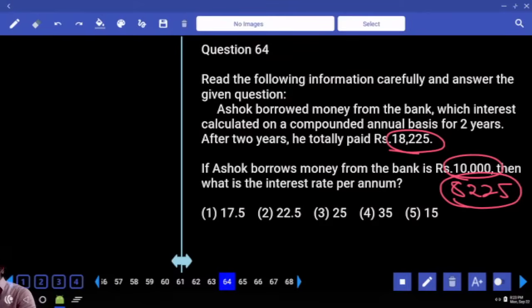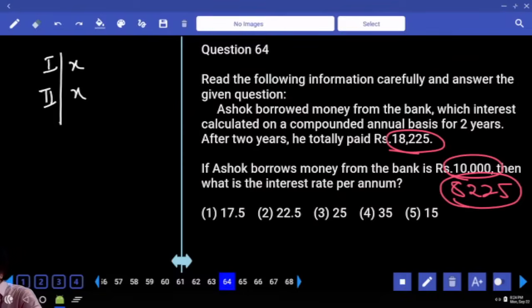If the first year interest is X, second year simple interest will also be X. Third year also, any year simple interest will be X. Will there be any difference between simple interest and compound interest for the first year?